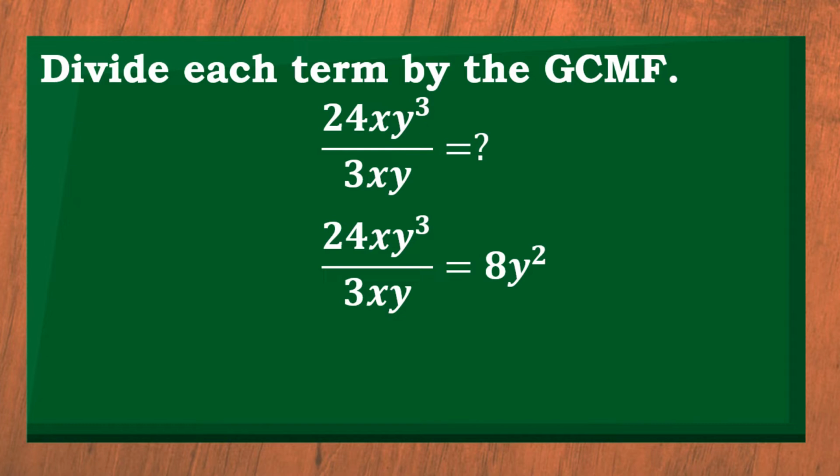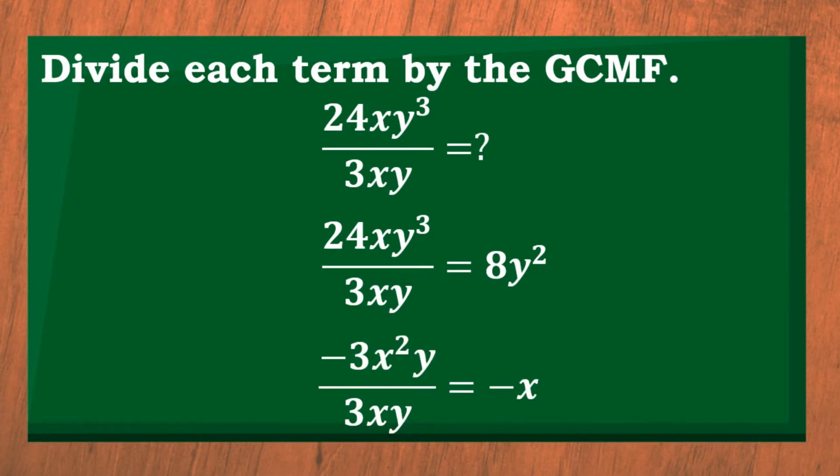And then, divide the literal coefficients, xy cubed by xy, which is equal to y squared. Therefore, 24xy cubed divided by 3xy is equal to 8y squared.